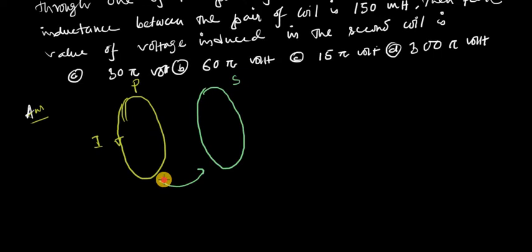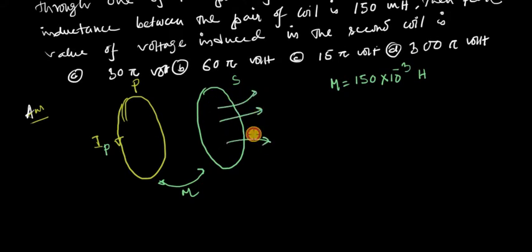the mutual inductance between these two coils is M, and M is 150 millihenry, meaning 10 to the power minus 3 henry. This current is called the primary current. Due to this current, a flux is linked through the secondary coil, and that flux is called phi s.